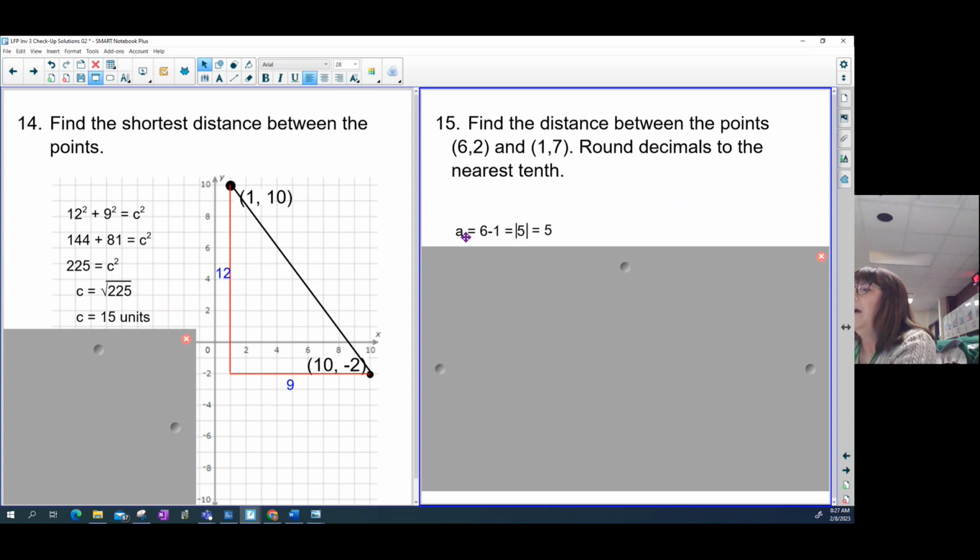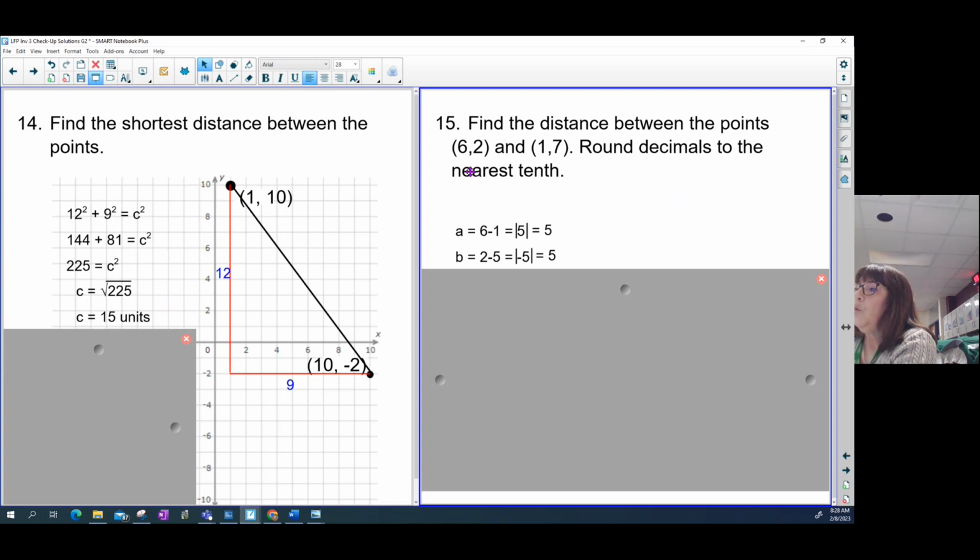But from my side A are my x coordinates. I'm going from 6 to 1, and that's a difference of 5. You're always going to take the absolute value of that answer because you can't have a negative distance. So the absolute value of 6 minus 1 is 5, and that's just 5.